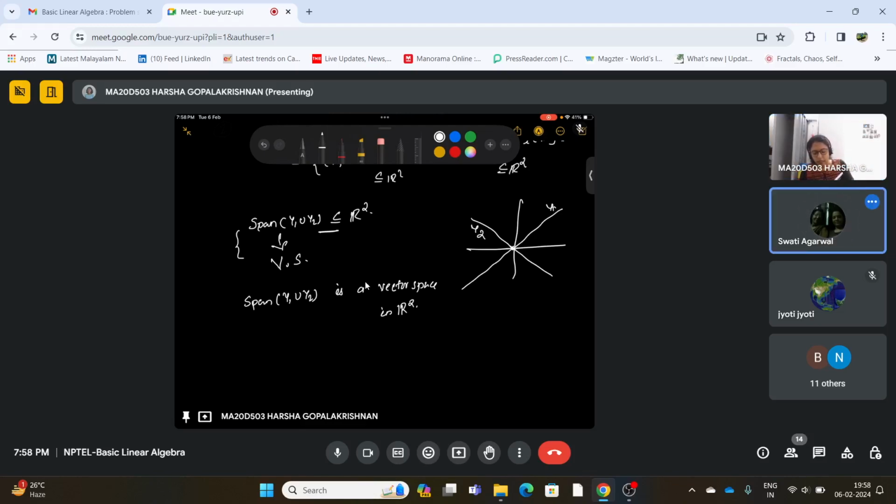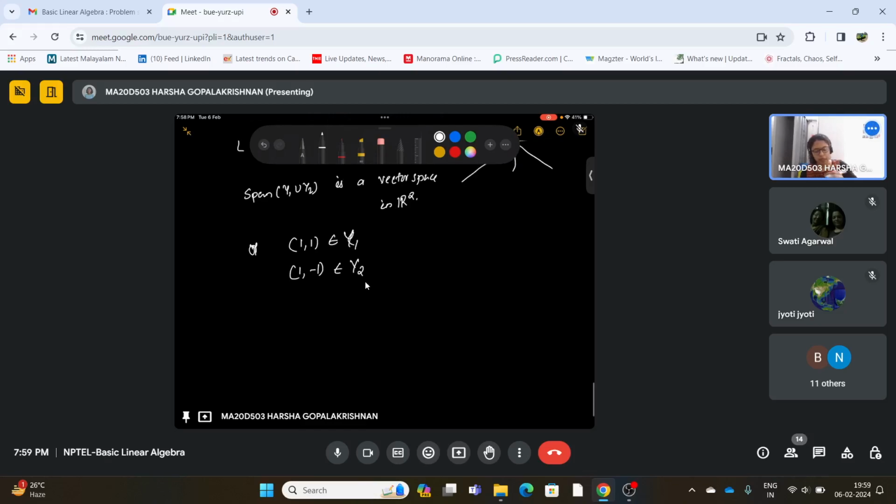For example, I am taking an element (1, 1) in y1, and an element (1, -1) in y2.